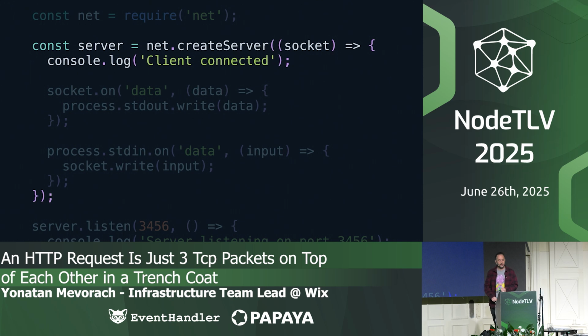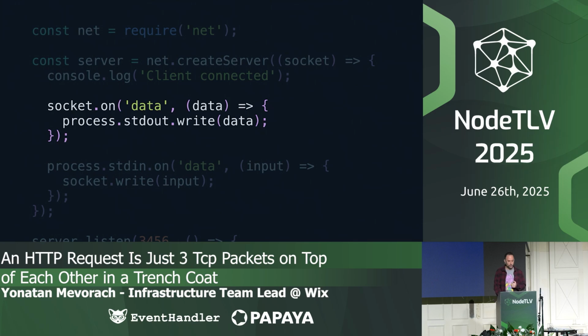We call net.createServer. This creates a server, and we get a reference. We get a callback that will be called whenever we have a new client connecting to our server, and we get a reference to the socket. We'll define the socket in a better way later on, but the socket represents the connected client. And what we can do is very similar to before. We can bind to the data event of the socket, which means that we got a message from the client that's sent to our server.